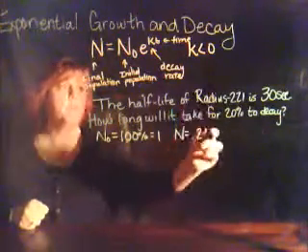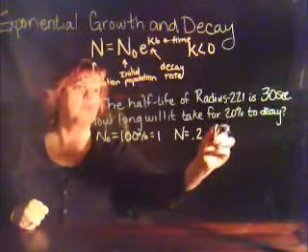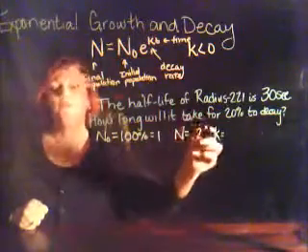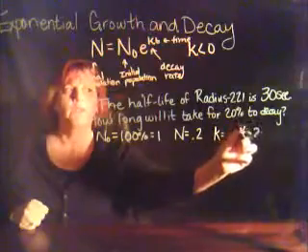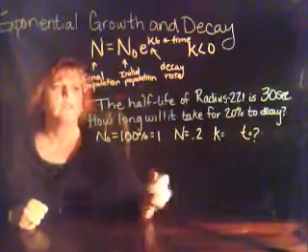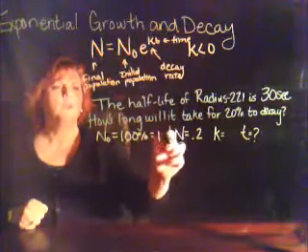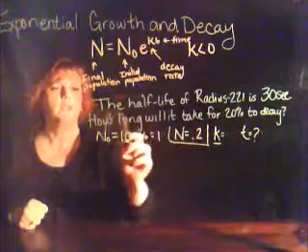I do not know the decay rate. I'm going to have to find that, and I'm also looking for t. So I'm not going to use this one in order to find k.